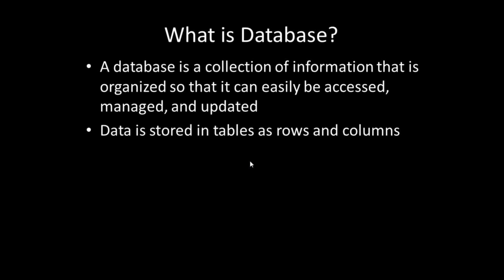In a relational database, the data is stored as tables, and every table will have rows and columns. The number of columns remains the same for all the rows present in a particular table.